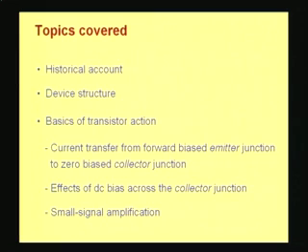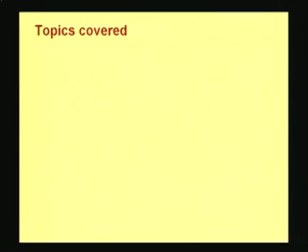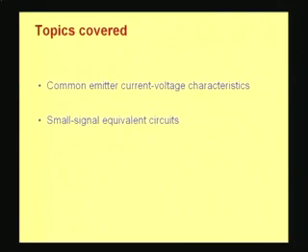With this, we will be ready to discuss the small signal amplification using the bipolar junction transistor. The small signal amplification is the most important application of this transistor action. Then we will consider the common emitter current voltage characteristics.